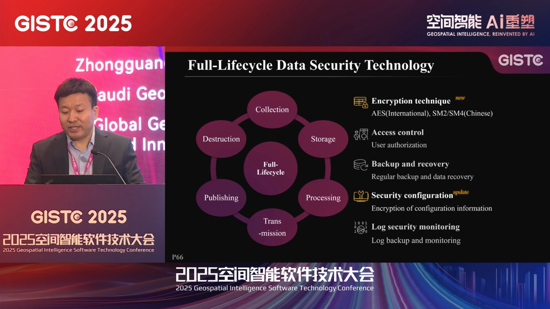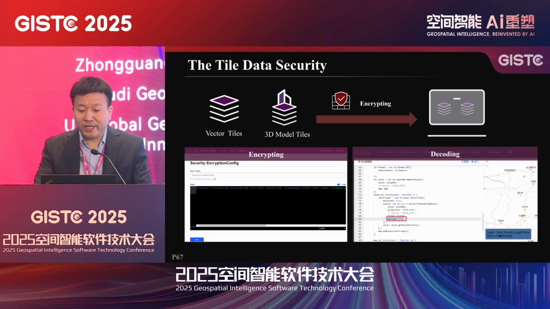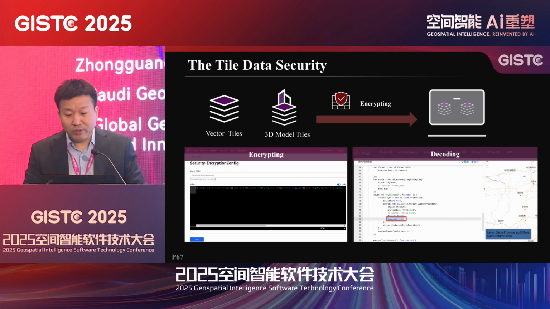We have updated security configuration capabilities to ensure service configuration security. Not only the original GIS data, but also the tile data. We have introduced dynamic encryption capabilities to prevent unauthorized access and web scraping.